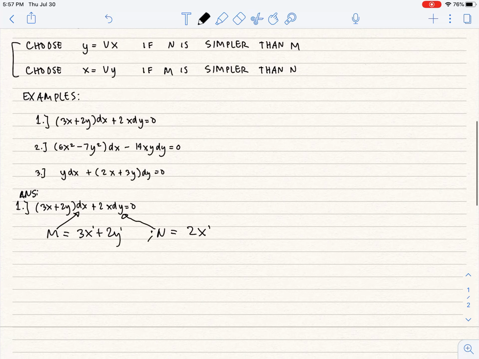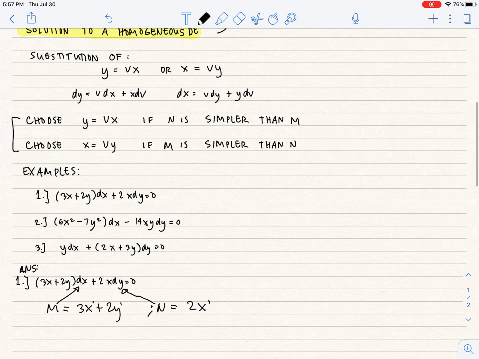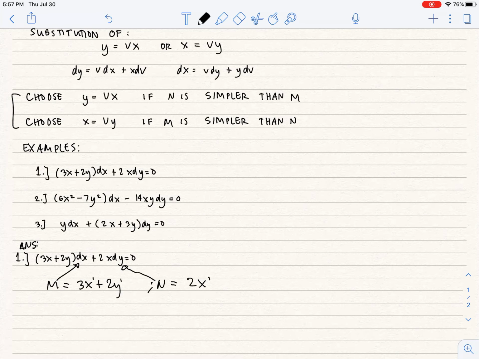So next, once we identify that this is a homogeneous DE, we choose between these two substitutions. So do we use y or x? The condition says choose y if n is simpler than m. So this is n, right? Since n is simpler than m.